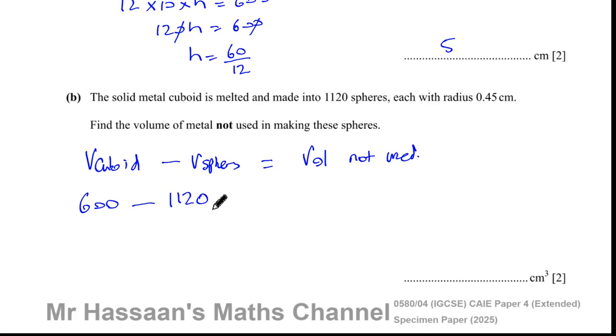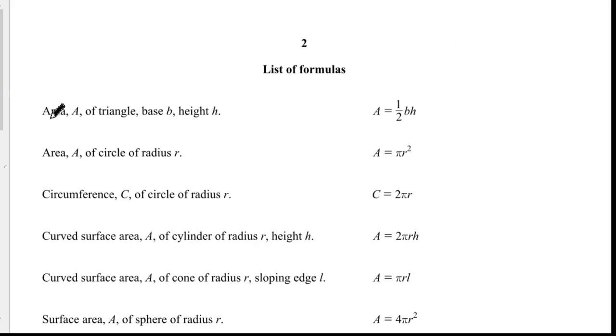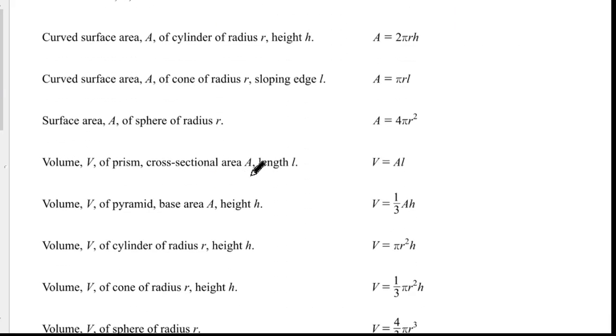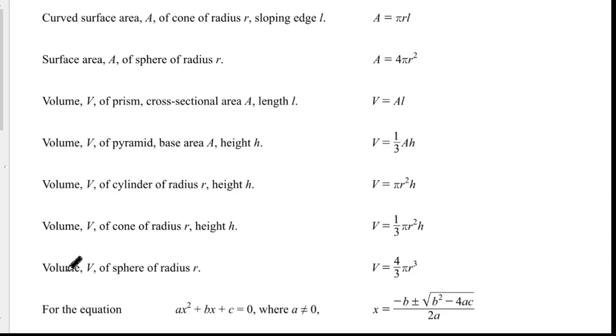We have 1,120 spheres. Now, how do we find the volume of a sphere? Well, we can go back to the formula sheet if you forgot, and see if they give us the volume of a sphere. Yes, they did. The volume of a sphere is 4 over 3 pi r cubed.